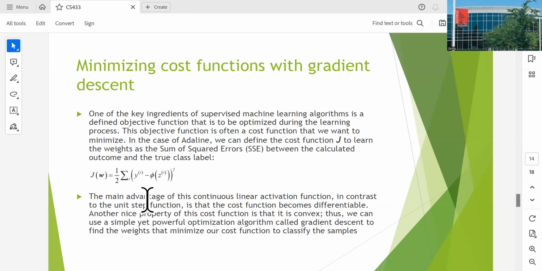So this function, you want to find the minimum. That's how we come up with gradient descent.